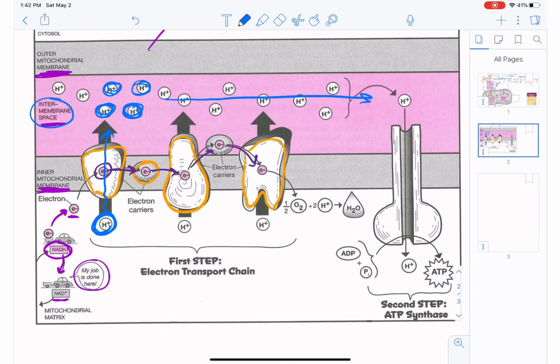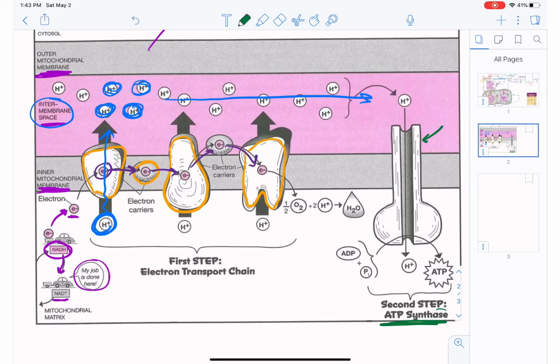Which brings us to this step over here. Now what we're going to do is involve this structure over here, which is also located in the inner mitochondrial membrane. And this gourd-like looking structure there is called ATP synthase.